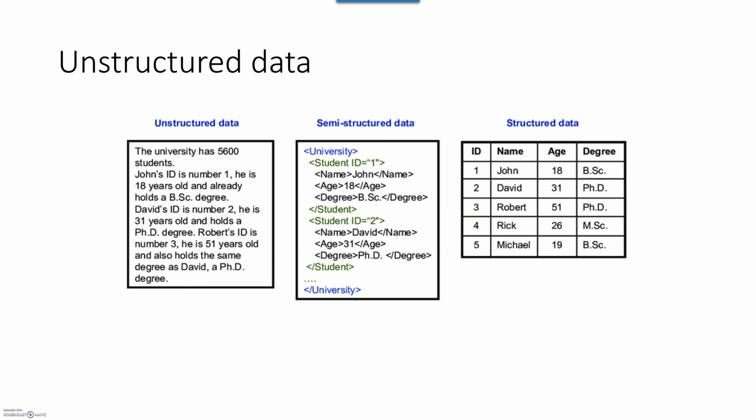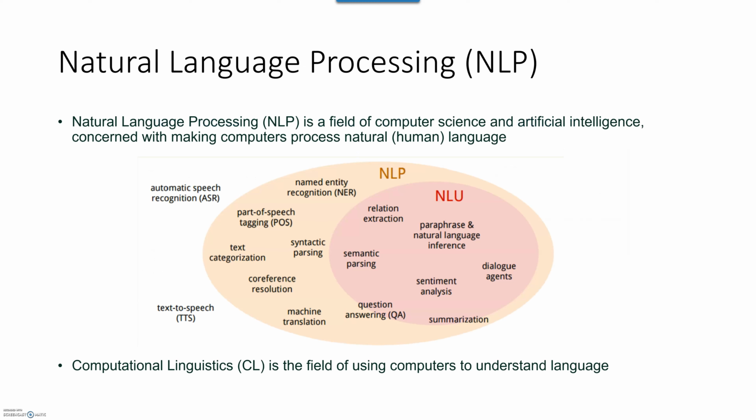And semi-structured data is a combination of both. In semi-structured data, you store text in certain formats which accommodate the data but not necessarily follow the same standards as structured data does.